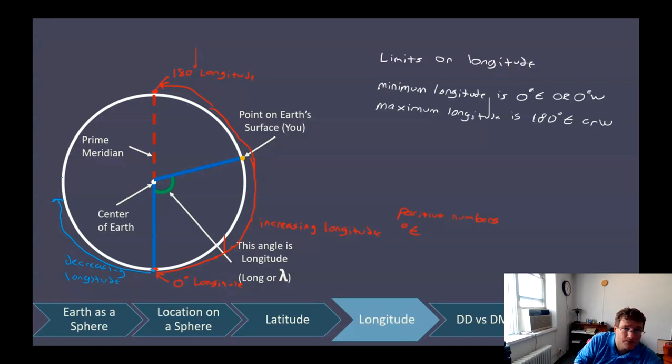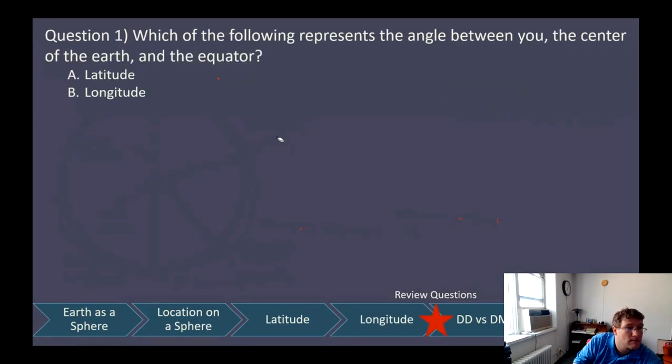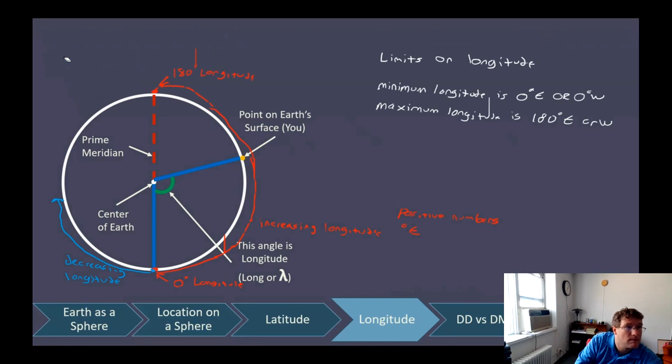We represent this decrease in longitude by negative numbers, or by degrees west.